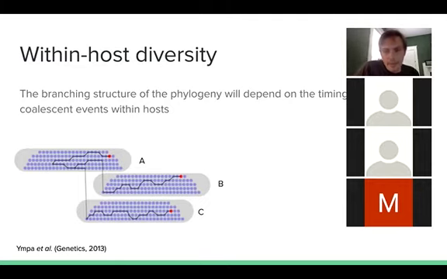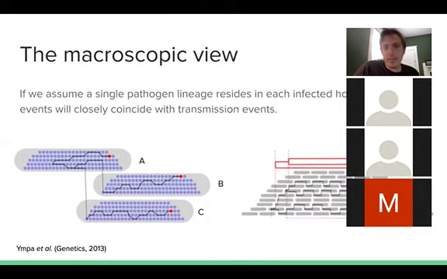But nevertheless, if we made some approximations, if genetic diversity wasn't too high within individual hosts, and there were rather strong genetic bottlenecks when the pathogen lineages were transmitted between hosts, we recognized that overall this assumption about coalescent events corresponding to transmission events between particular hosts was a reasonable assumption to make, especially if we're looking backwards in time.